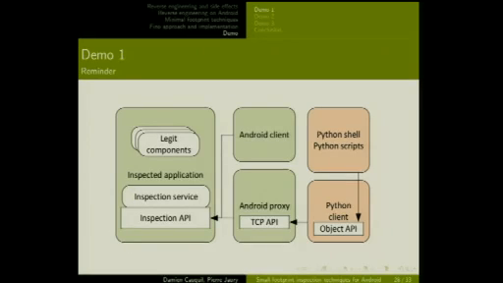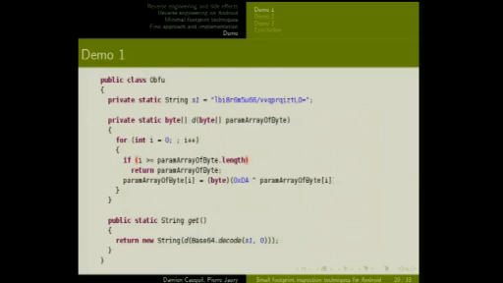So demo 1, we just use the Python API to communicate with the remote application. In this remote application, you have a dedicated class called opfu, and this class handles all the obfuscation stuff.